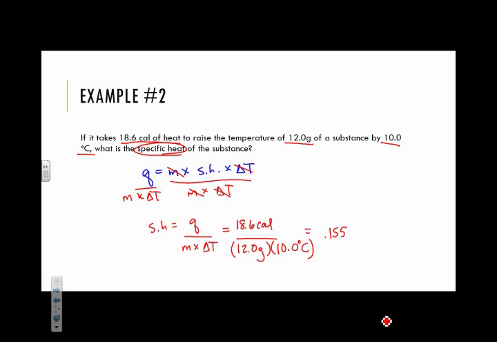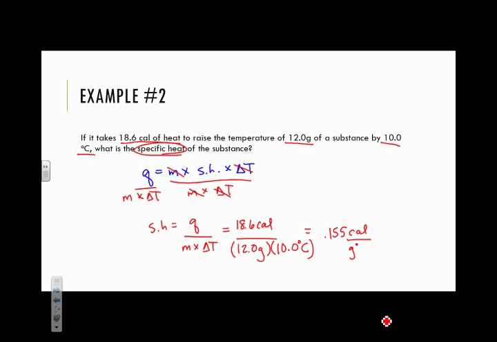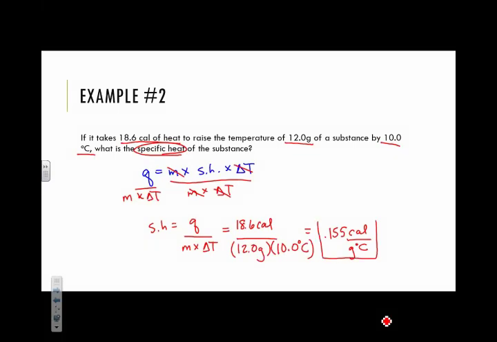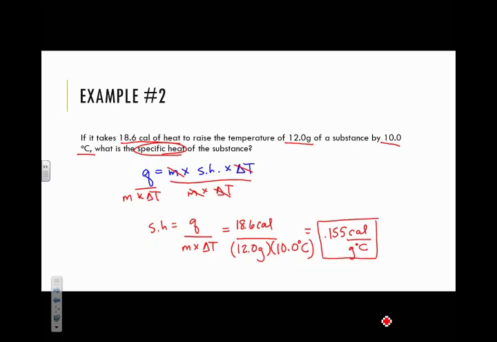That looks good. I have 3 sig figs in my measurement and 3 sig figs in my answer. My units are a little bit more complex this time because nothing cancels out. I have calories divided by grams degrees Celsius, which is our specific heat unit.